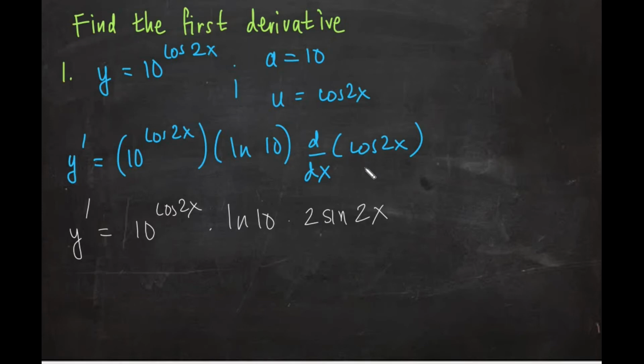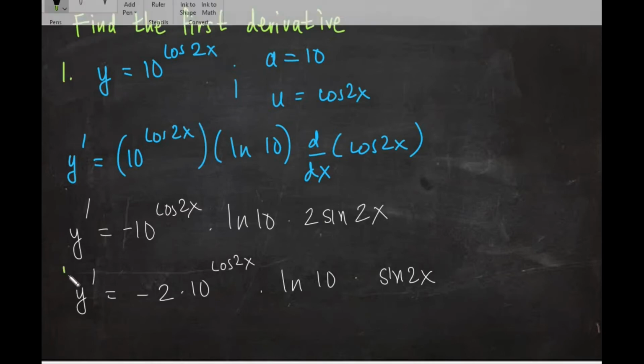The derivative of cosine, by the way, is negative sine, so we have sine 2x times 2, so negative 10 raised to cosine 2x times ln 10 times 2 sine 2x. We just have to rearrange everything so that it would look presentable. So let's have negative 2 times 10 raised to cosine 2x times ln 10 times sine 2x. That is our final answer.